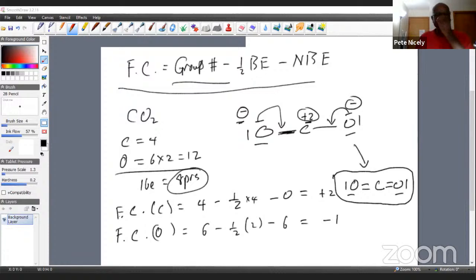So this is not obeying the octet rule. And that is simply because we don't have enough electrons so that the nitrogen will have an octet, all right? So we call such structures where you have an unpaired electron on an atom a free radical, all right? So we call these molecules free radicals where one of the atoms has an unpaired electron.